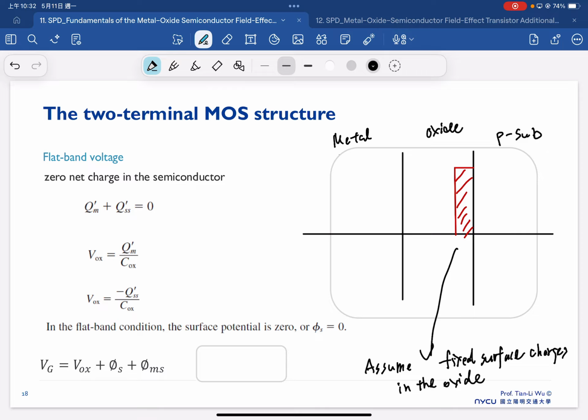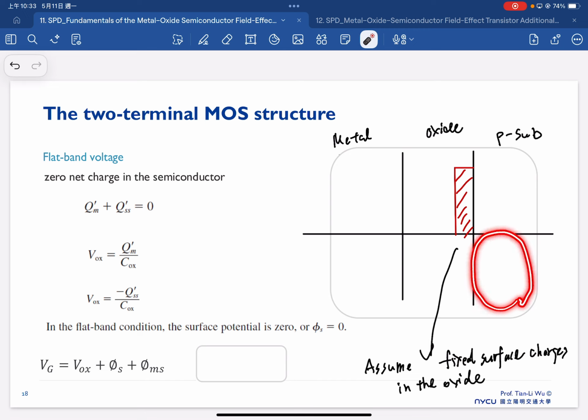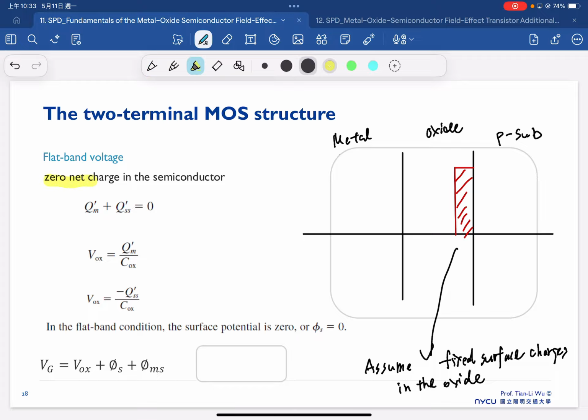Now we assume this is a positive charge in the oxide. To make sure that we have zero net charge in the semiconductor, which is how we call the flat band condition, the charge that we apply from the metal should be equal to the opposite of the charge here.